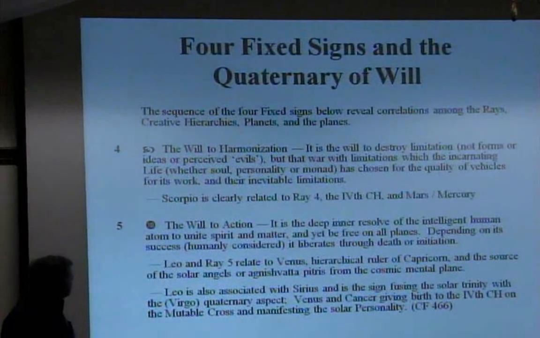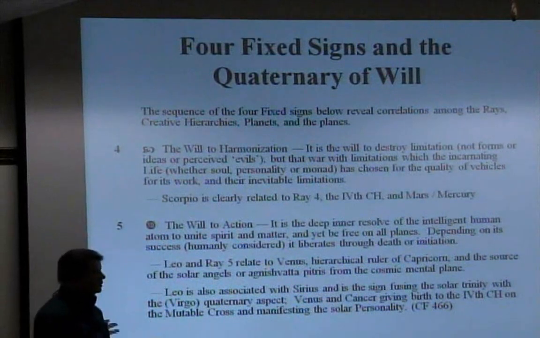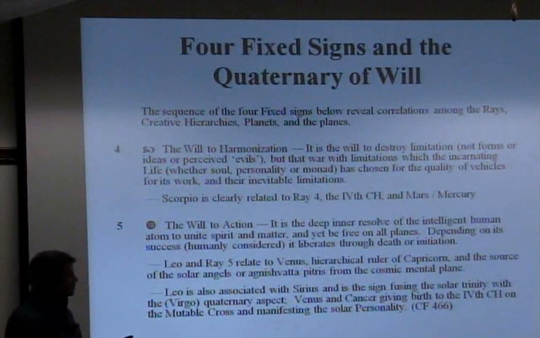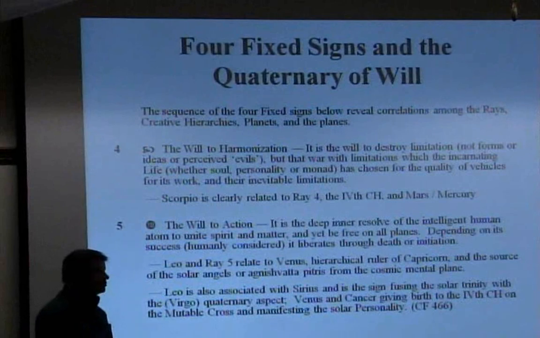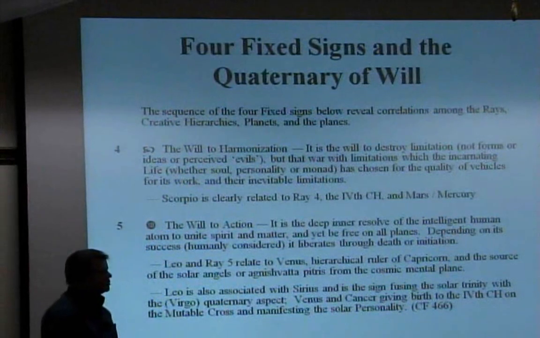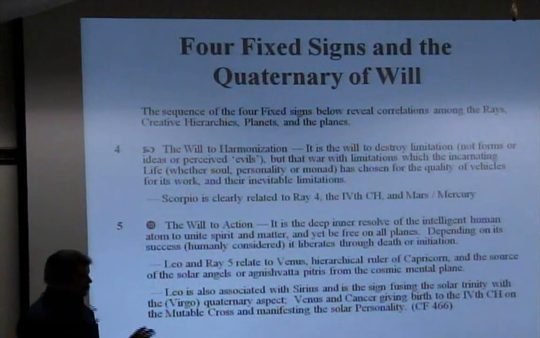But focusing on this, the idea of destroying limitation, not forms or ideas or any number of things you think need eliminating or dissolving or, what can you say, transcending. But it's the war with the limitations that you brought in with you, the ones you actually chose before, as a soul before you came in, and the ones specific to your work, specific to your lessons, specific to your group relations.